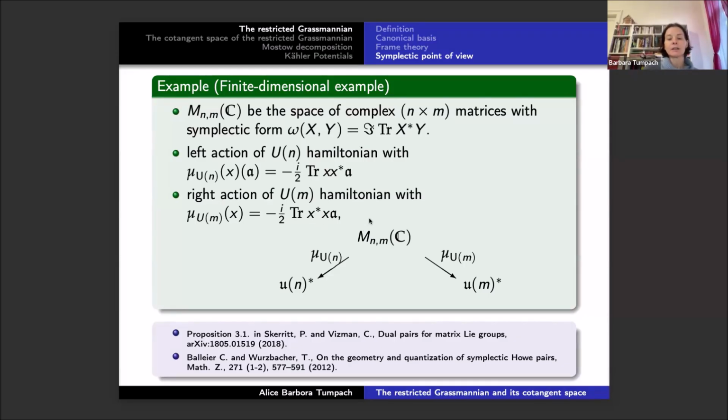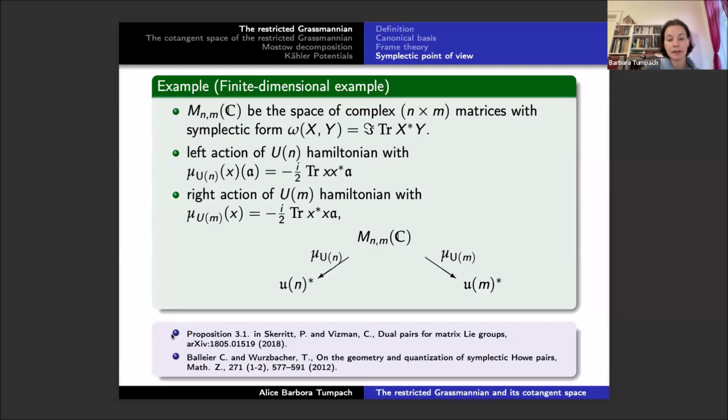So here we are in the setting where we have a symplectic space with two actions, one from the left and the other from the right. In particular, the two actions commute, and with two moment maps, which actually have compatibility properties, which is encoded by the definition of dual pairs.